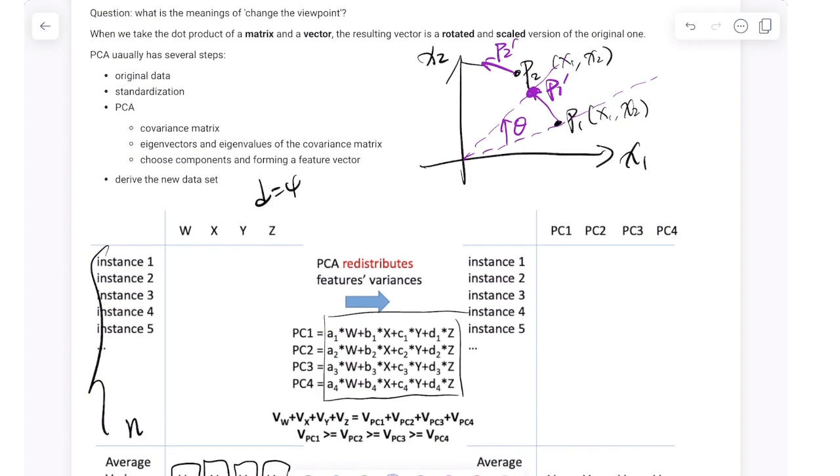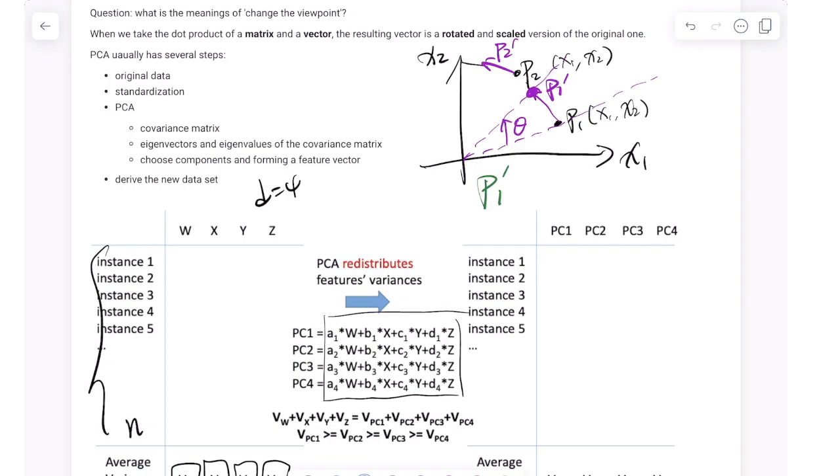Or you can say that you simply rotate the axis by theta degrees.